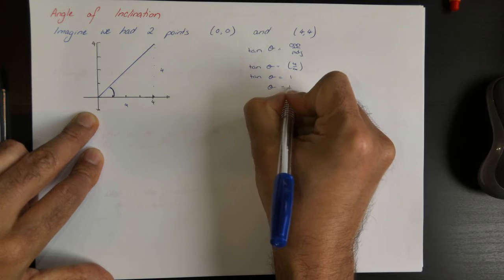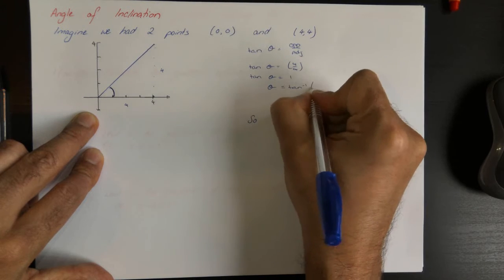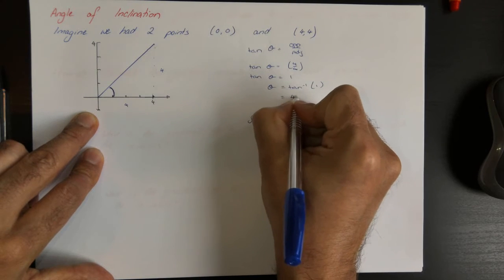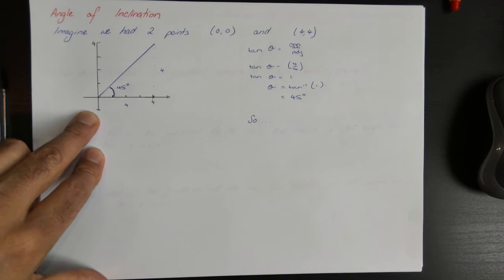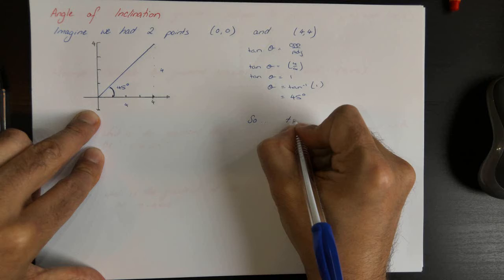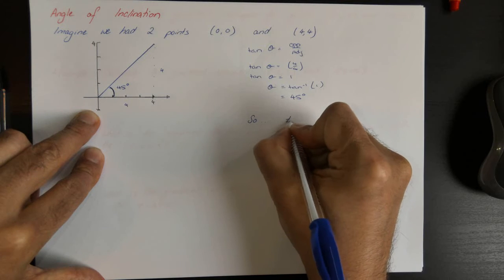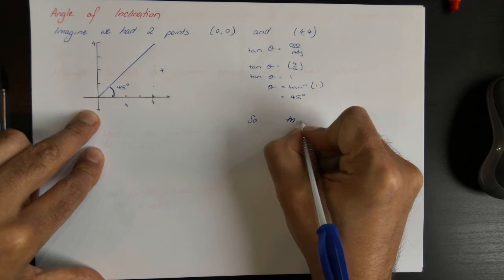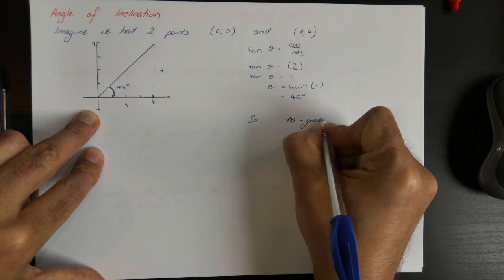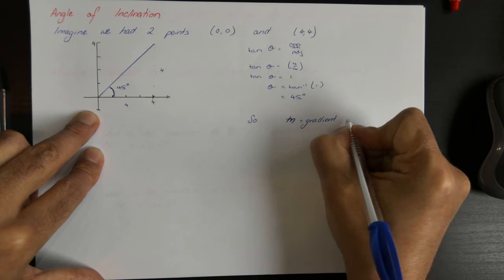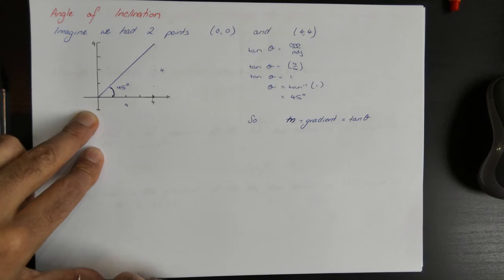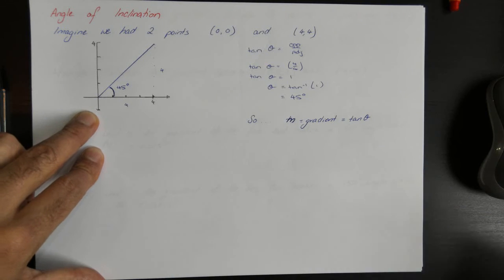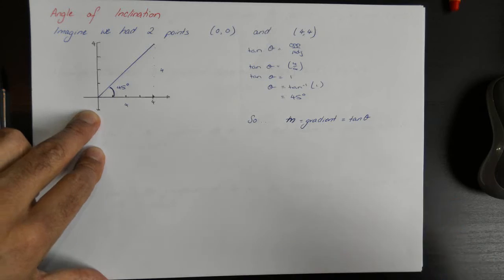Well, inverse tan of 1 will equal 45 degrees. So the gradient m is equal to tan theta. If I plug in tan 45, I will get 1.